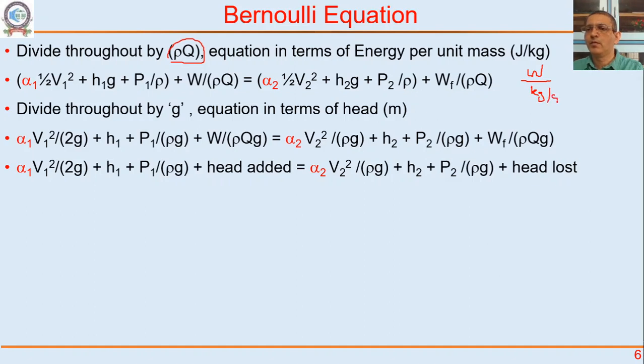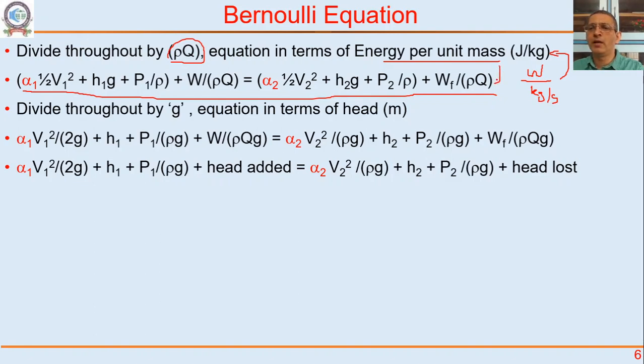So watts divided by kg per second is nothing but joules per kg. So now this equation is in terms of energy per unit mass of the fluid.